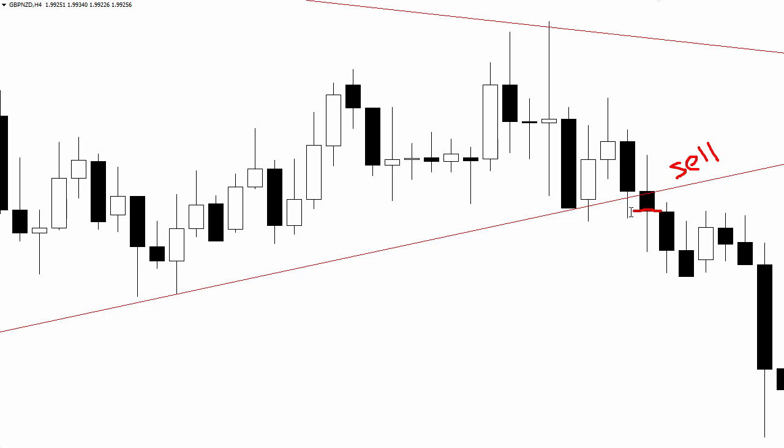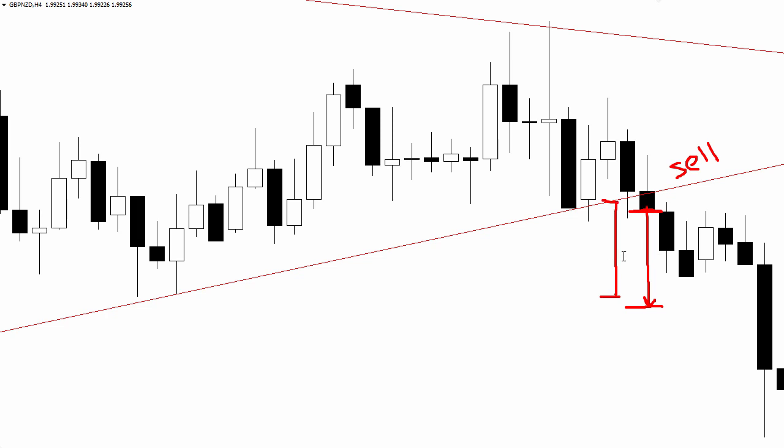So as soon as this market closed here on this 4-hour bar, I would just enter at market and sell this break here. And again, let's say that this bar had moved all the way down here and closed here. Now, I'm not going to sell that because that's a large distance between these two areas.